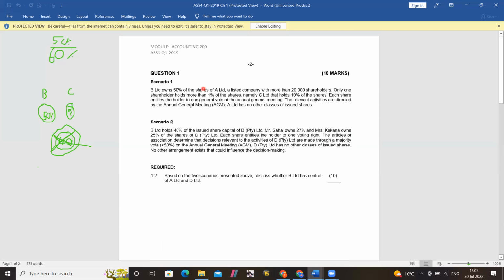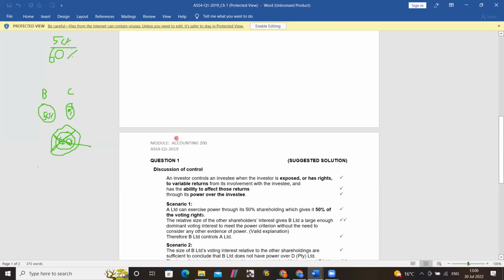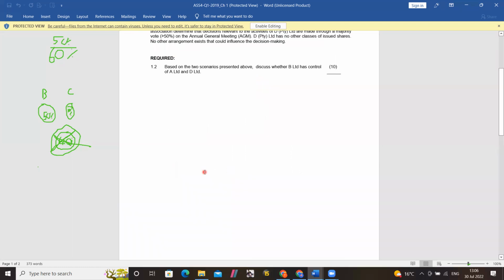Because they hold less than 1% of the shares, that means the probability of them coming together and forming a unit to oppose B is not possible, because it's 20,000 of them.